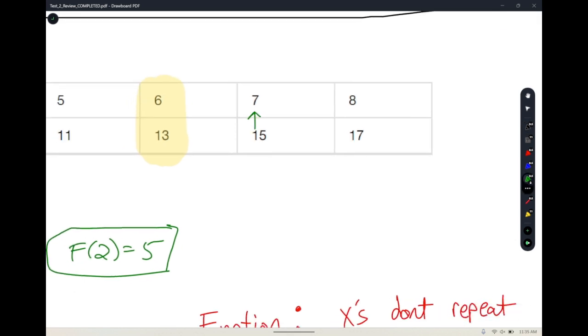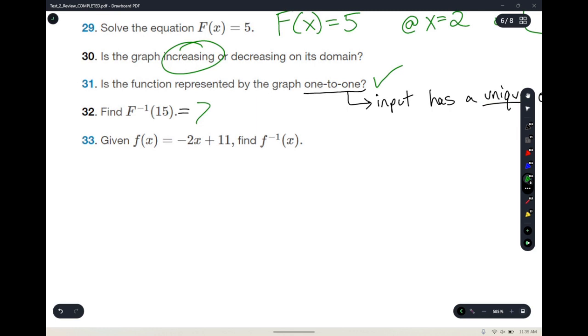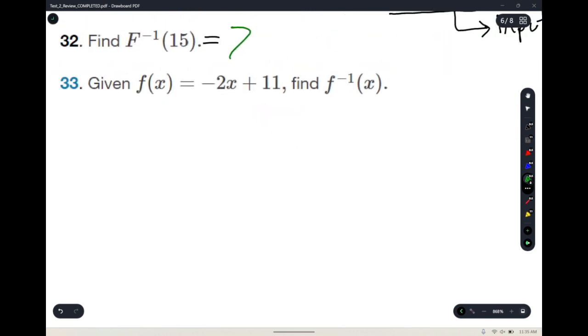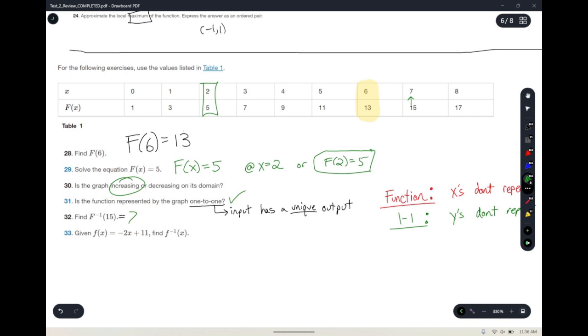Switch x and y, is 7. And then 33 has nothing to do with this equation. It just says, can you find an inverse, which we've already done. That was the whole switch x and y and solve thing. We don't have to do that. I just thought this might be worth doing because we had all of these exact same questions, but with an equation, and this one has a table instead.